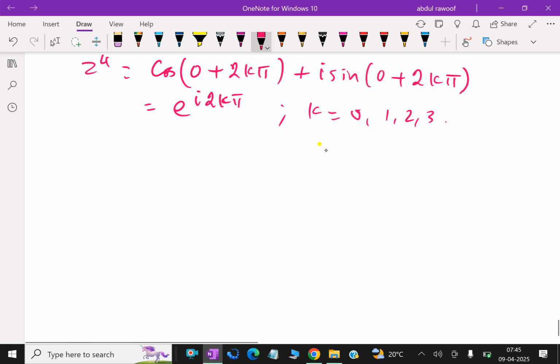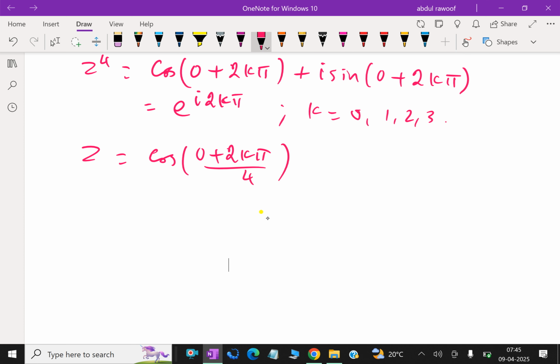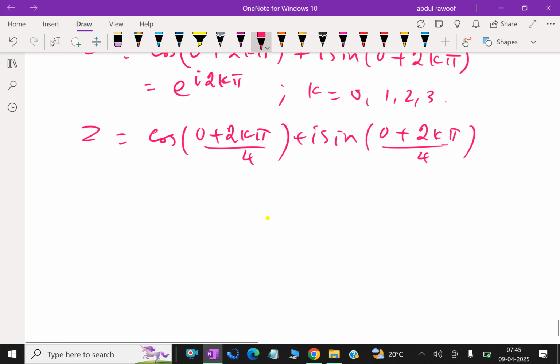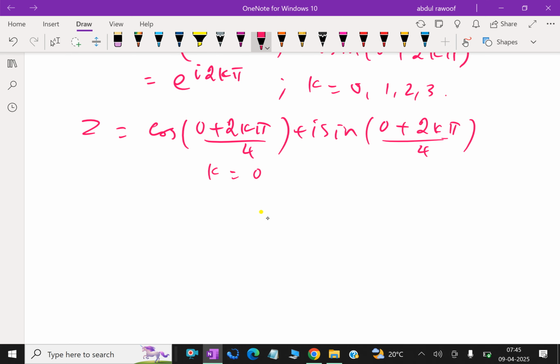Hence z = cos((0 + 2kπ)/4) + i sin((0 + 2kπ)/4). The k is an integer, and we are using k = 0, 1, 2, 3.